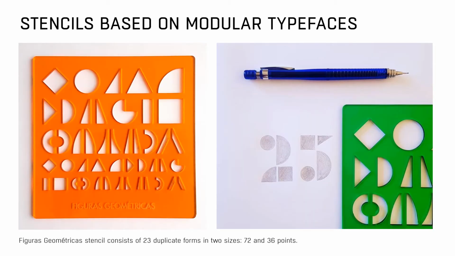Several examples of modular typefaces have been found that have a geometric origin in their creation and ornamental in their use. These are basic shapes such as circles, triangles, and squares with different subdivisions. Several foundries in the 30s marketed them with the intention of having them used in printed works such as borders, vignettes, or eye catchers.